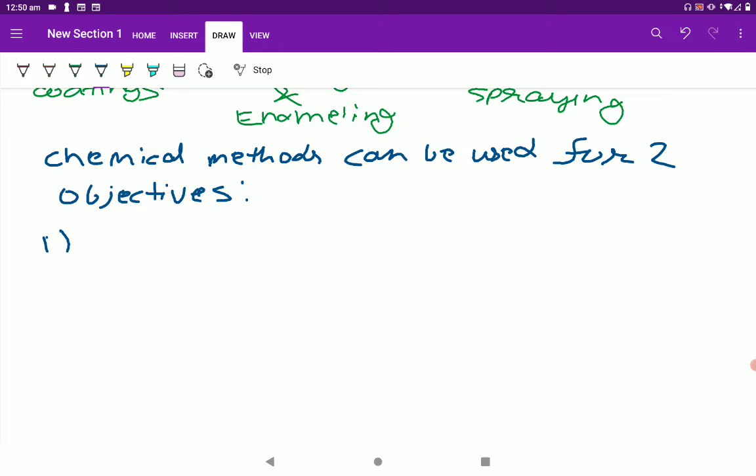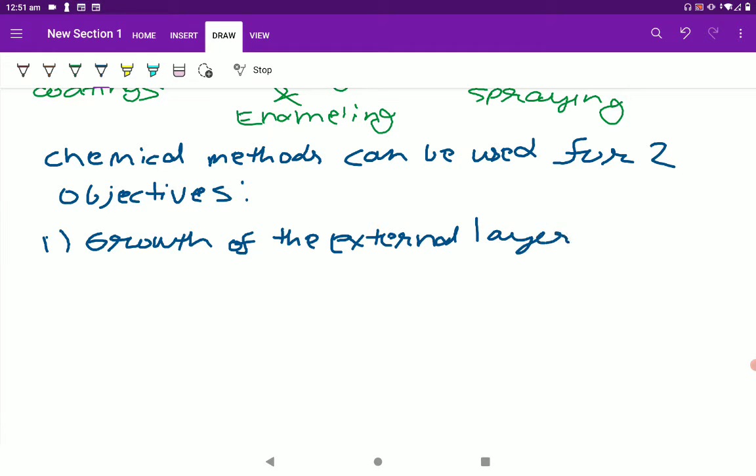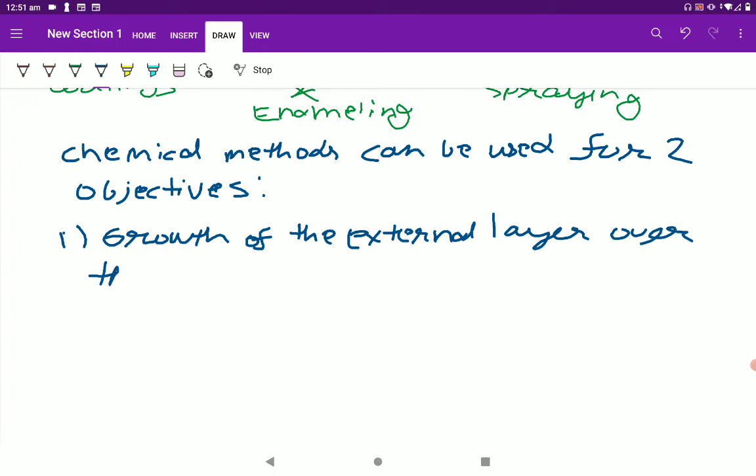First one is growth of the external layer over the original material, the substrate.